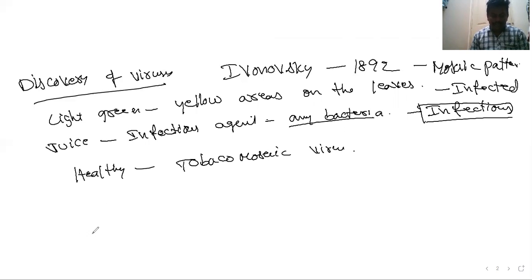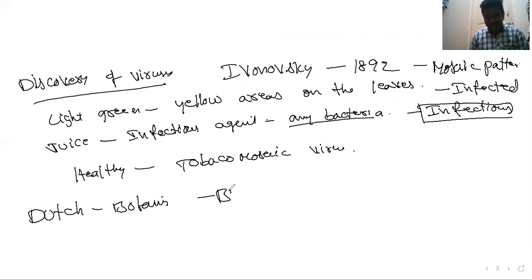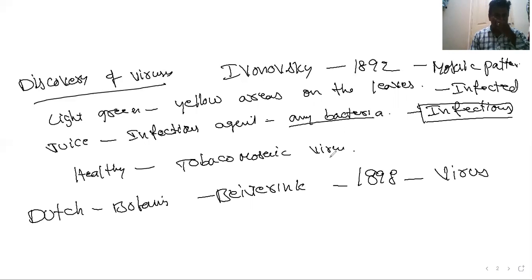After 6 years, a Dutch botanist, Beijerinck, in 1898 repeated the same experiment that Ivanovsky conducted and called that particular juice virus.